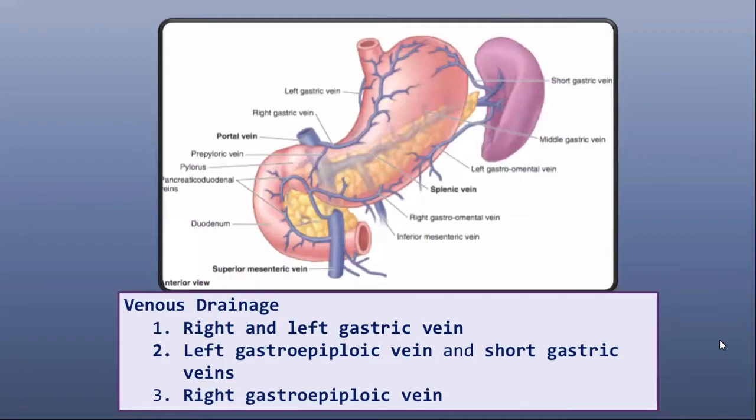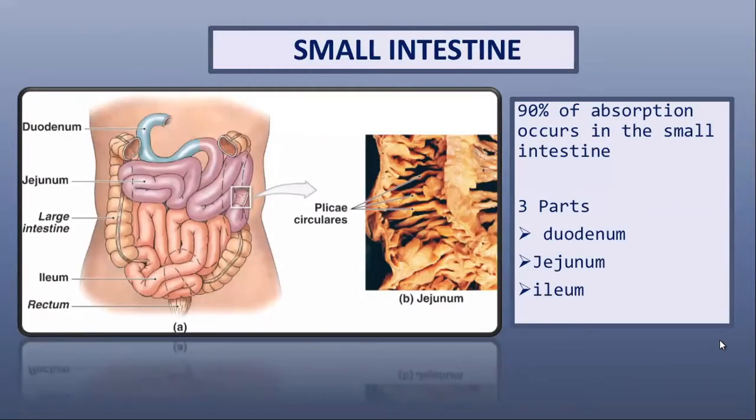Okay, now next we have the small intestine. So the basic function, of course, of your small intestine would be absorption. So 90% of absorption occurs in the small intestine. Okay, and the small intestine has three parts. Of course, you have the duodenum, the jejunum, and the ileum.